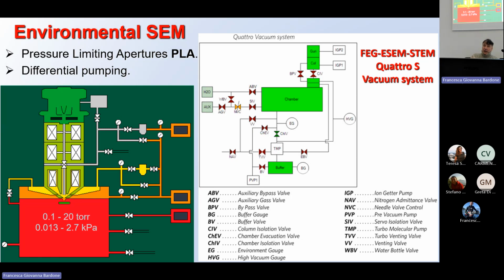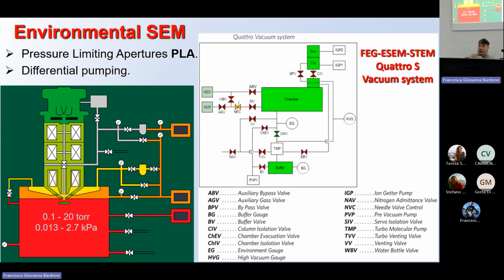What is an aperture? An aperture is a diaphragm with the size of 1 micron or a fraction of a micron. So half a micron is enormously huge for the electrons to pass, but half a micron is very, very small to move water molecules from one chamber to the other. It's some sort of vacuum impedance unit.